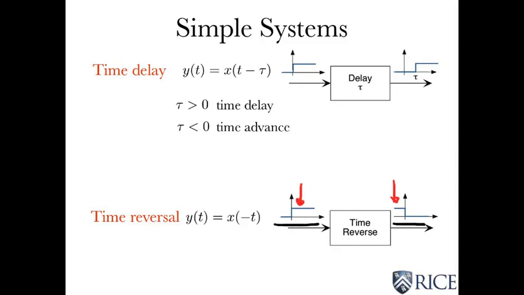The system would have to know what was going to happen 2 seconds ahead, in that case, to produce an output. Well, it gets even worse. What happened at time 10 would have to come out at the output at time -10, which means it would have to be able to predict way ahead in the future. In fact, predict the entire waveform into the infinite future and then put it out at the infinite past. So time reverse systems are very weird, very hard to build. However, they have a very simple mathematical description. Not all simple systems can be built.